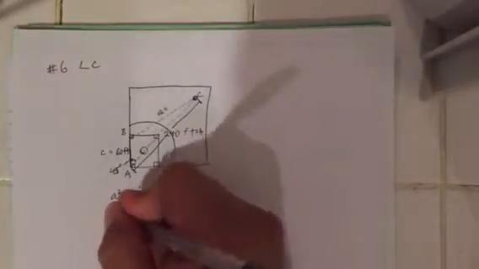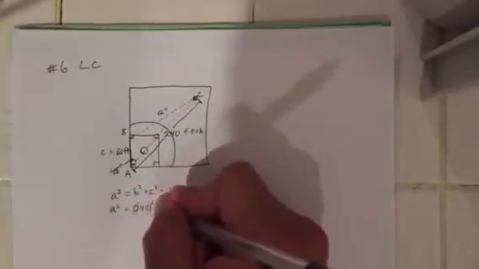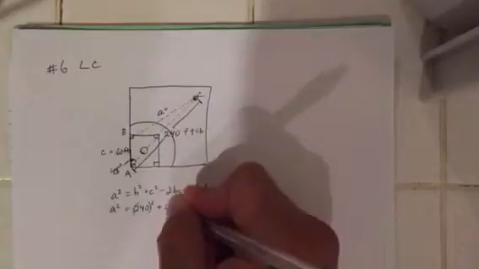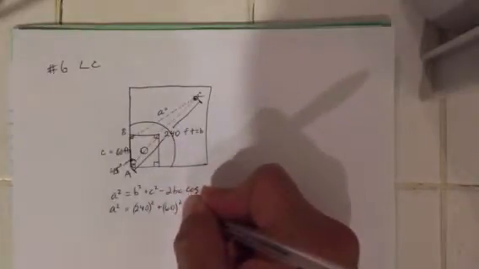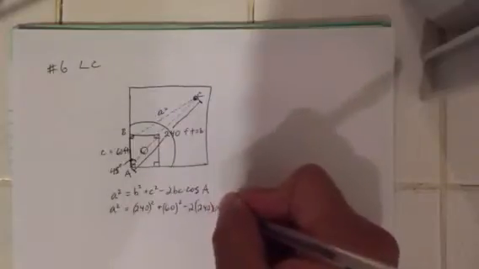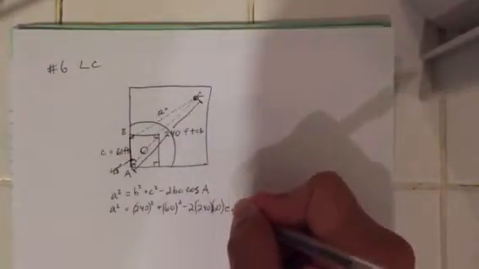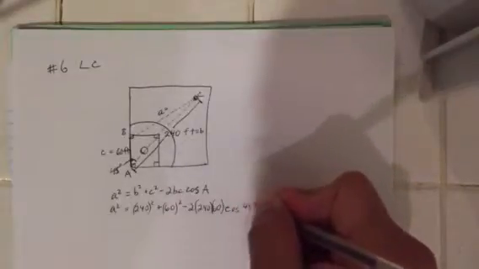And I'm going to plug in my values. So A squared equals 240 squared plus 60 squared minus 2 times 240 times 60 cosine of 45 degrees.